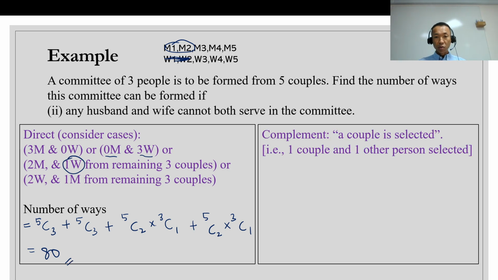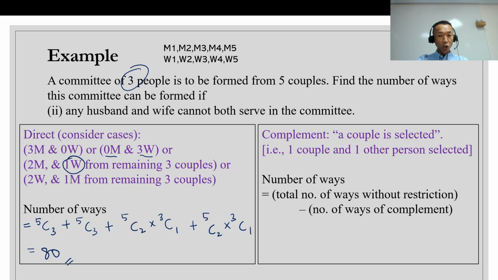Can we use a complement method? Complement method means, you think about it, if I select 3, at most I can only have 1 couple. I cannot have 2 couples. You only pick 3. So the complement is a couple is selected. Done. So all you need to do is take the total number of ways without restriction, in this case, obviously 10 choose 3, minus away the complement case.